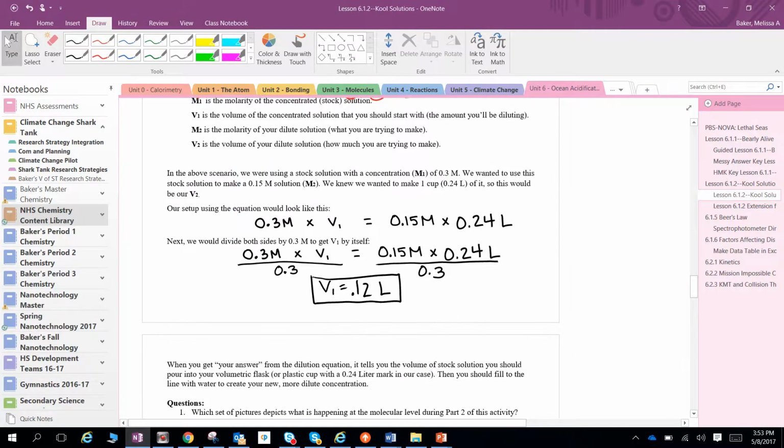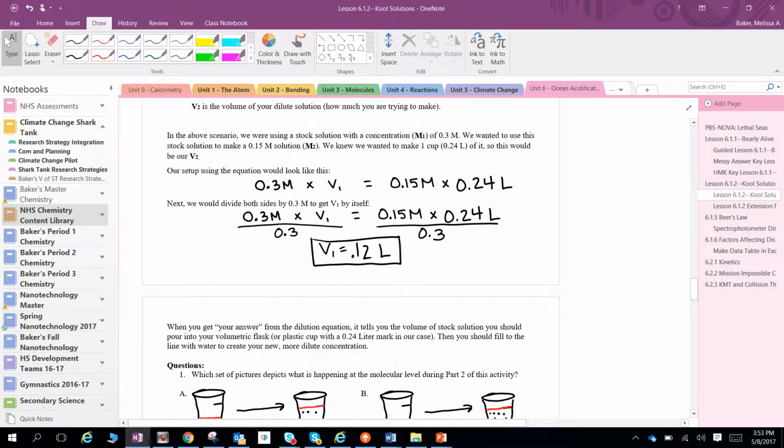So if we were to start that same Kool-Aid question over, we would say 0.3 molar stock solution times a mystery amount that we don't know equals, we want 0.15 molar and we want 1 cup of it, 0.24 liters. So in order to solve for V1, I divide both sides by 0.3 and I get a volume of 0.12 liters.